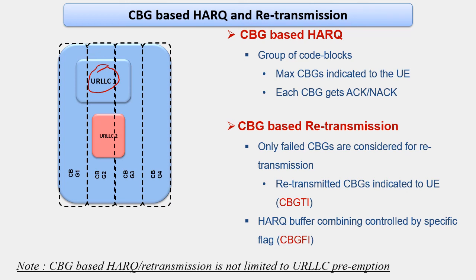When such things happen, certain code block groups might get hit, not the entire transport block. So this allows for selective retransmission of certain code block groups instead of sending the whole transport block. So these are some of the differences. We'll come back to more differences even on the downlink data.